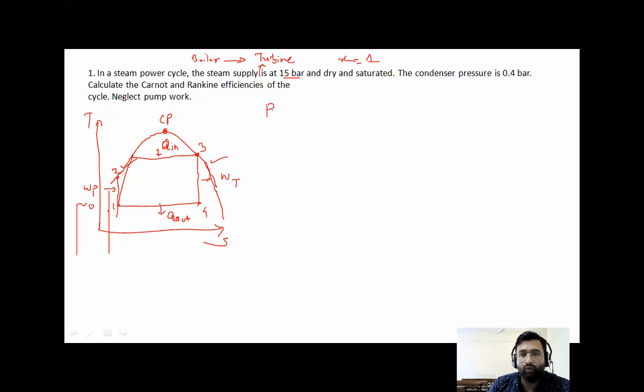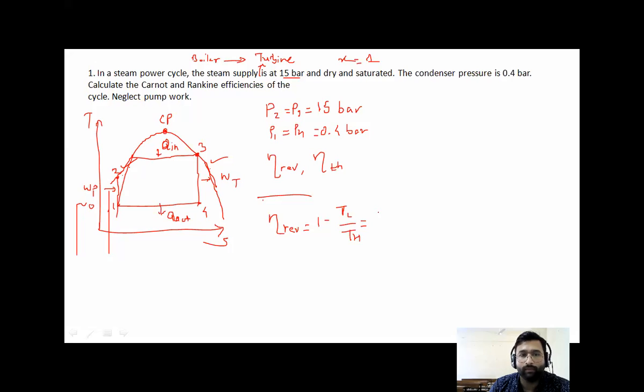So P2, that is pressure at point 2, or P3, is equal to 15 bar, it is given. Then condenser pressure P1 equal to P4 is 0.4 bar, it is given. Then they have told you to calculate the Carnot efficiency, that is reversible, and the actual efficiency, that is Rankine. Now what is the formula for Carnot cycle efficiency? 1 minus TL by TH, that is lower temperature divided by source temperature.